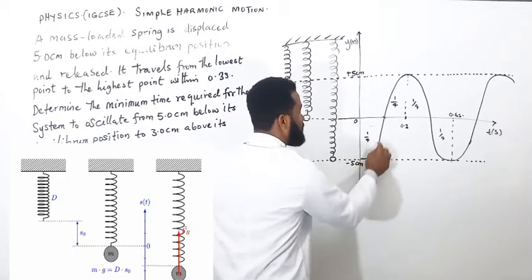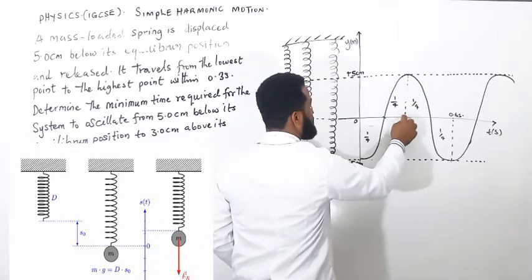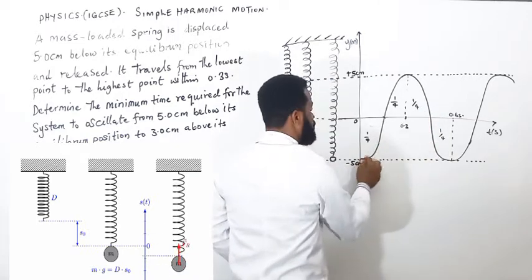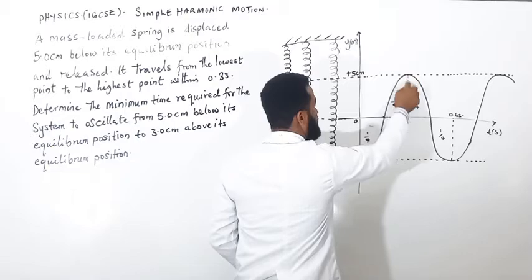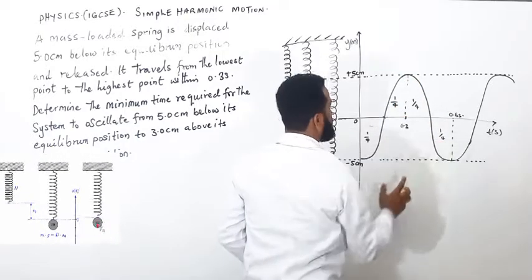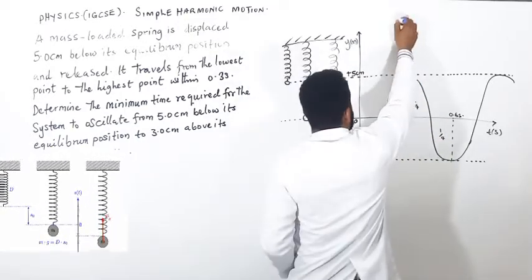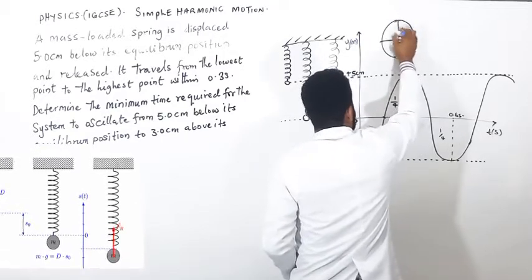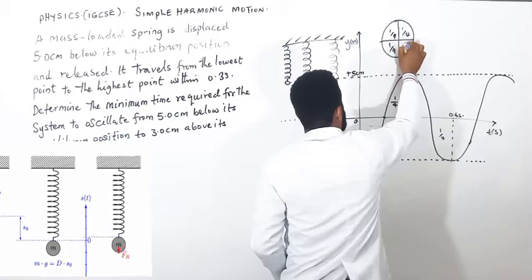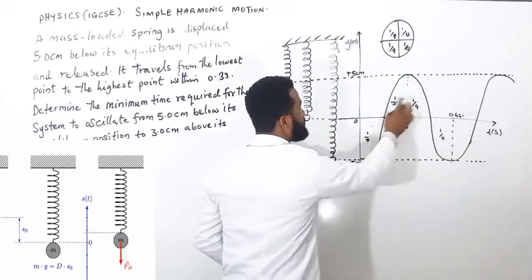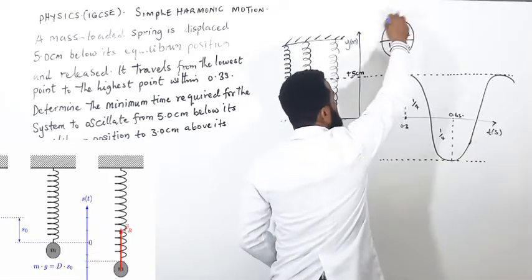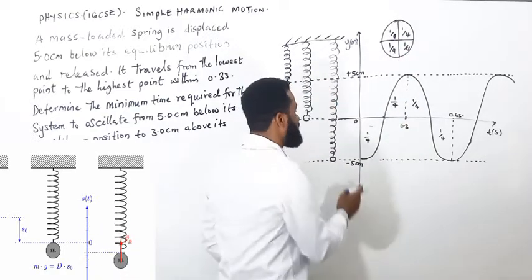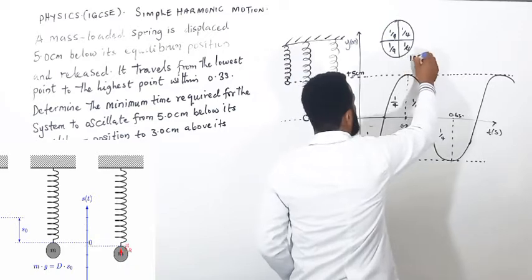That means 1/4, 1/4 is half, another half, then 1/4, 1/4, 1/4, 1/4. Remember that for you to have a full circle, you are going to have four quarters. So 1/4 in 4 places will give you a complete circle, and that is what we mean by one oscillation.